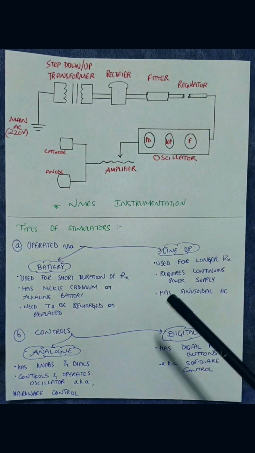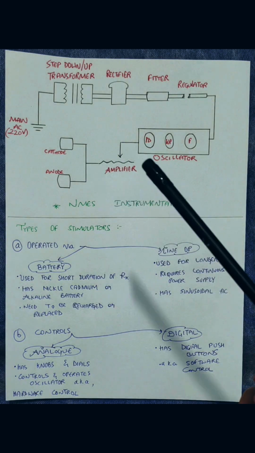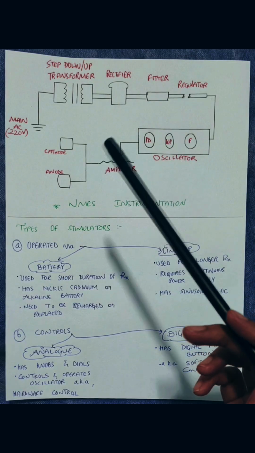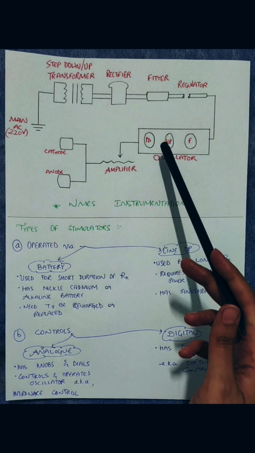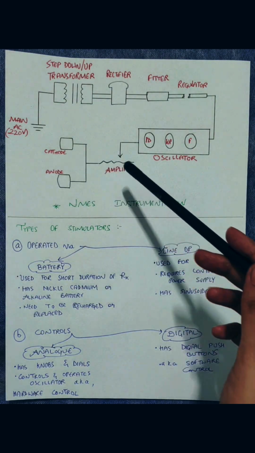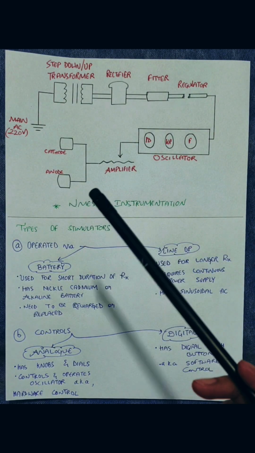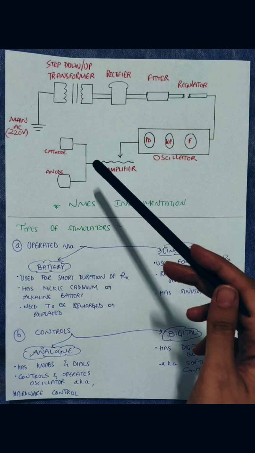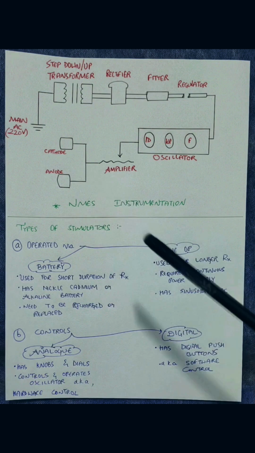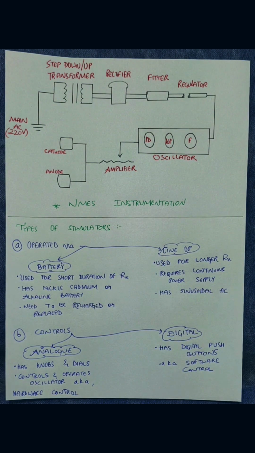We have a regulator. This regulates the voltage or the current. We have an oscillator used to modulate the current parameters such as pulse duration, waveforms, frequency, amplitude, etc. We have an amplifier. The final current or voltage is amplified through this amplifier and sent via the electrodes, known as cathode and anode, to the patient.